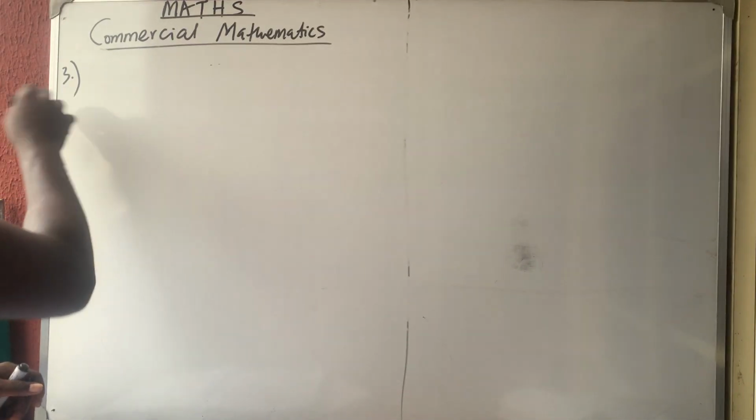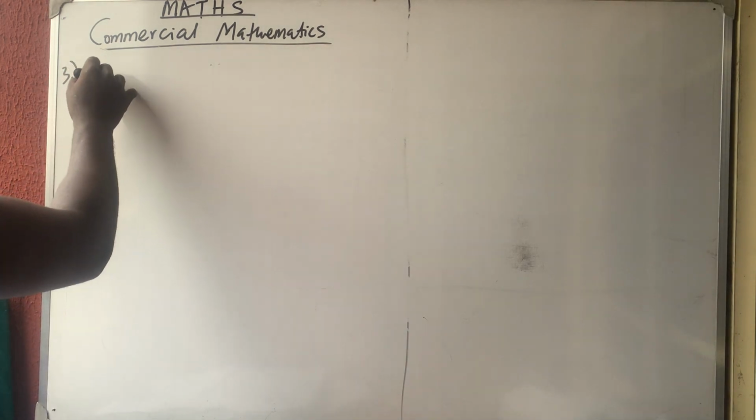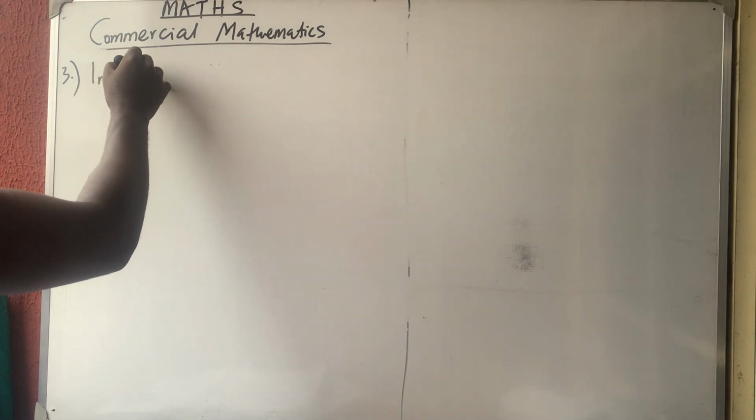Number 3. The only problem students have in this commercial mathematics is English. If you don't really understand English very well, converting the English to mathematics will be a problem.